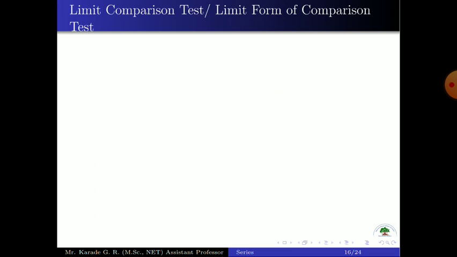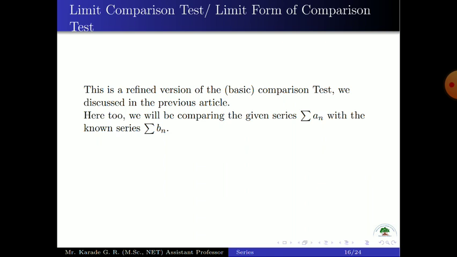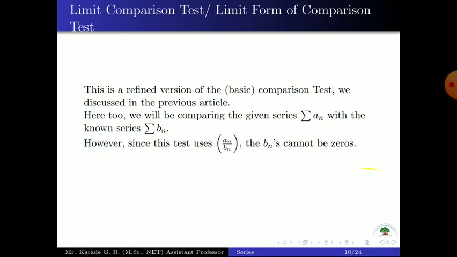Now, the limit comparison test, or limit form of a comparison test. This is a refined version of the basic comparison test we discussed in the previous article. Here too we will be comparing the given series summation an with the known series summation bn.